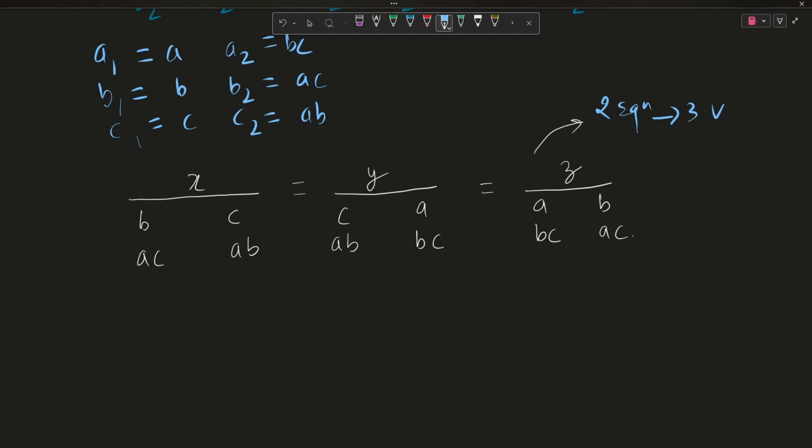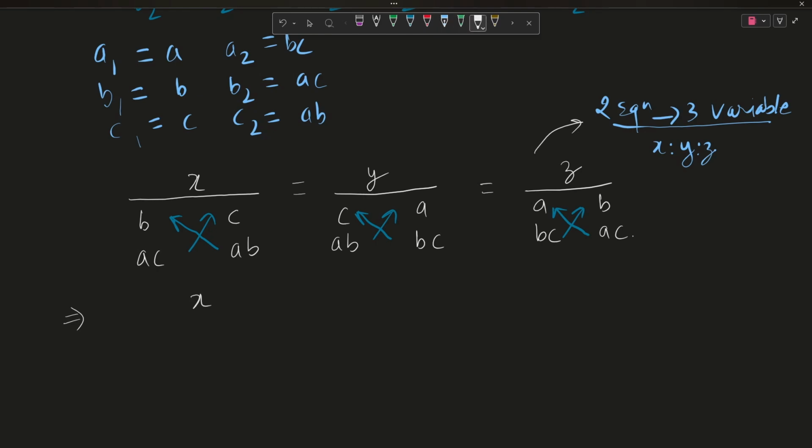for three variables. So we have used this concept, and then after getting the ratio of x is to y is to z, we will substitute the value of the ratio in the third equation to get the values of x, y, and z. So let's solve it. As the name suggests, cross multiplication. So we will multiply them diagonally, and for y also and for z too.